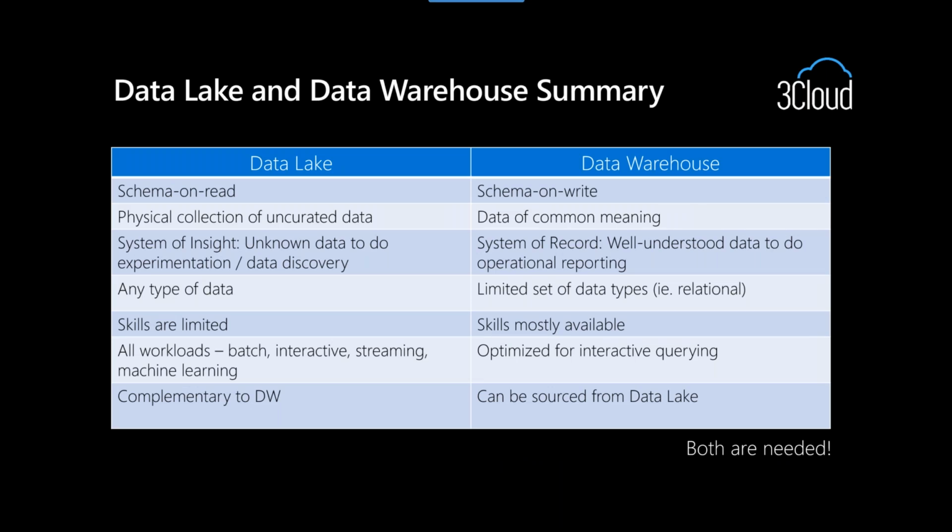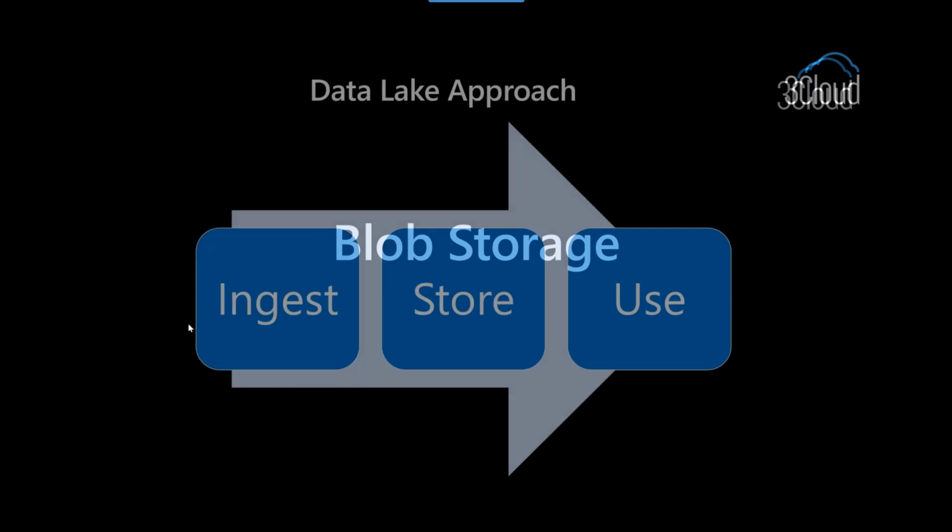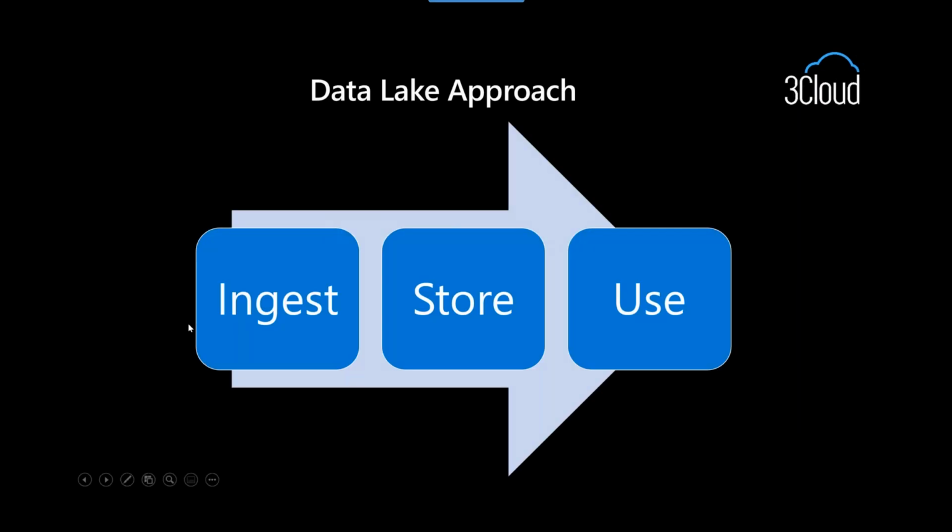We hear that a lot, and hopefully this has helped you start to see why. Basically, with one we're copying files around, and with the other we're actually inserting rows into tables and whatnot. So they're very different things and work differently. So ingest, store, and use. That's our game, and that's what most people do.